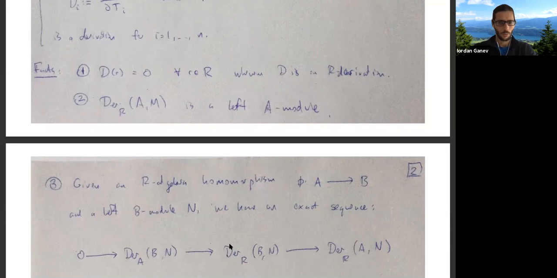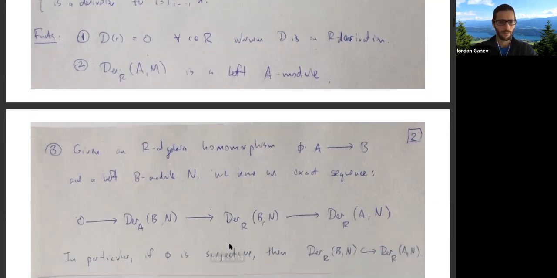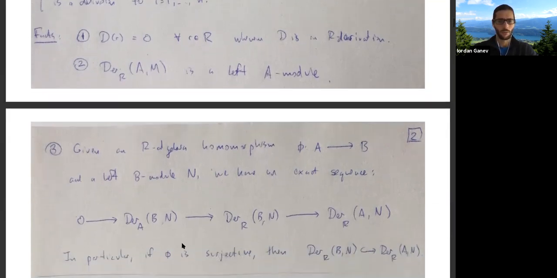So the upshot is that we have an exact sequence as follows. What's going on here? This is fairly basic. If we have an A derivation from B to N, that's in particular an R derivation from B to N. So any A linear map is in particular R linear. So that's why we have an inclusion here.